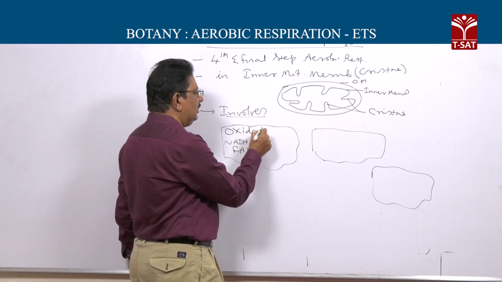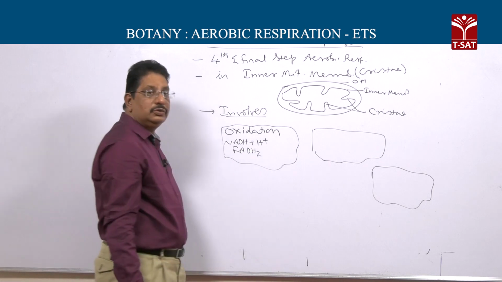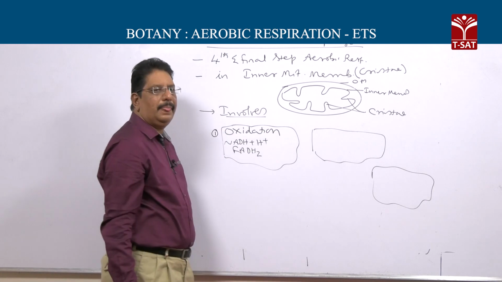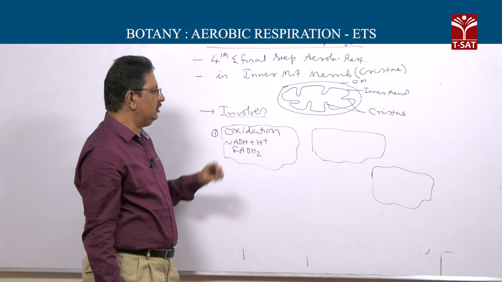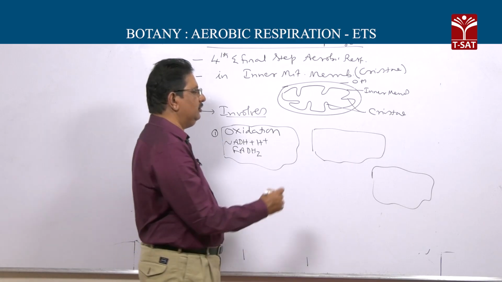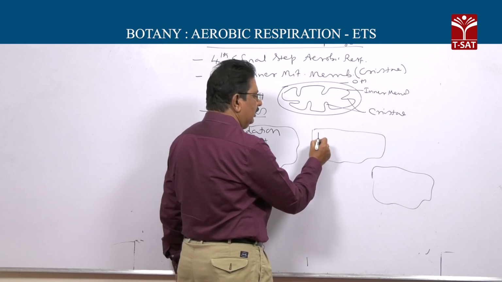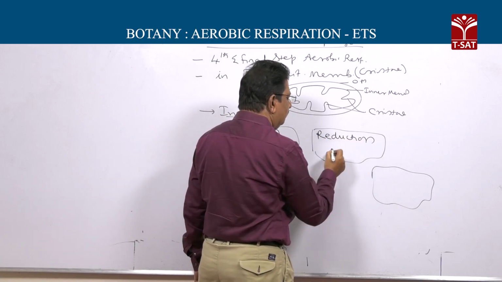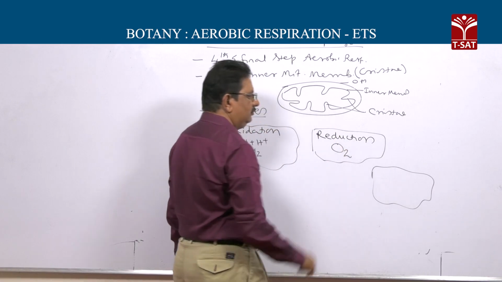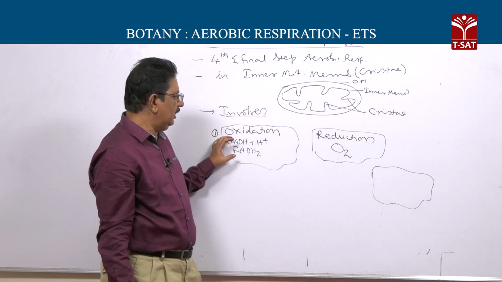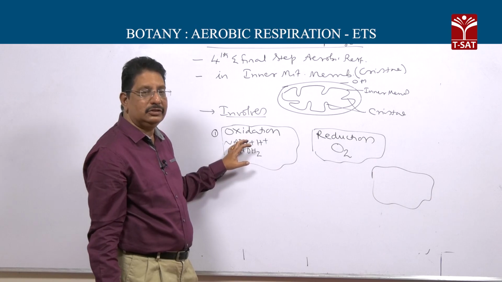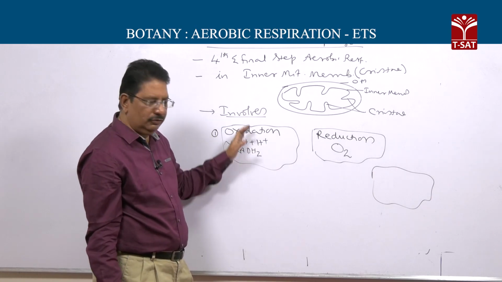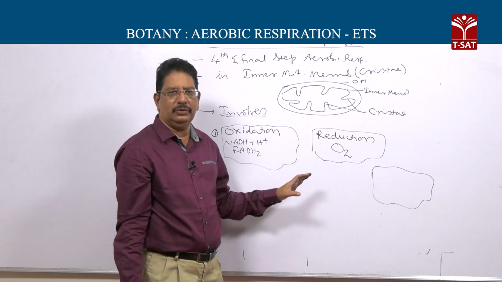So oxidation of reduced coenzymes is the first event, and this oxidation of reduced coenzymes is followed by reduction of atmospheric oxygen. Naturally, here NADH and H pluses gain the electrons and protons from glucose during various steps of aerobic respiration.